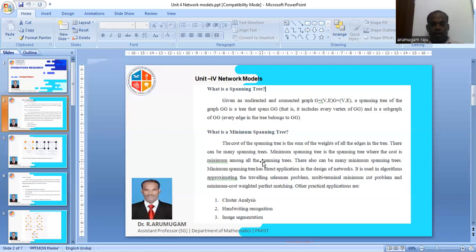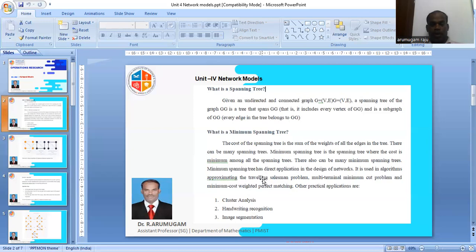There can be many spanning trees. The minimum spanning tree is the spanning tree where the cost is minimum among the spanning trees. There can also be many minimum spanning trees.